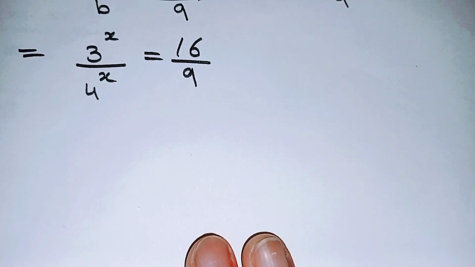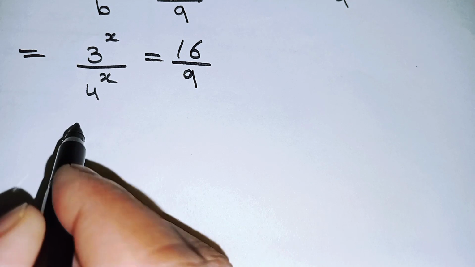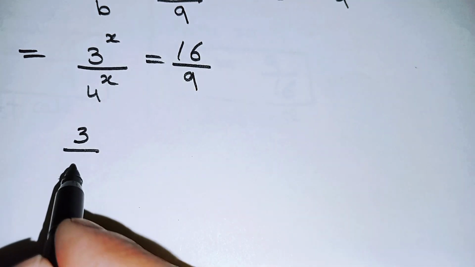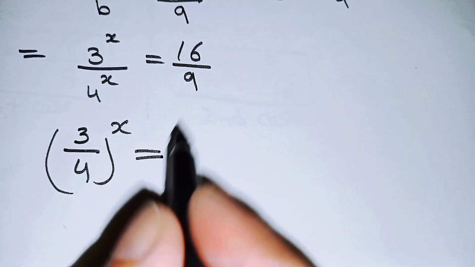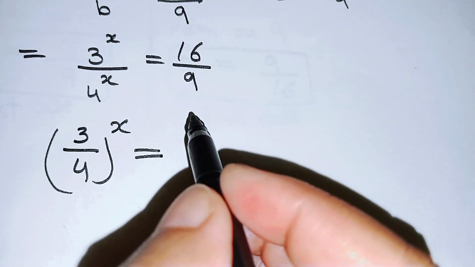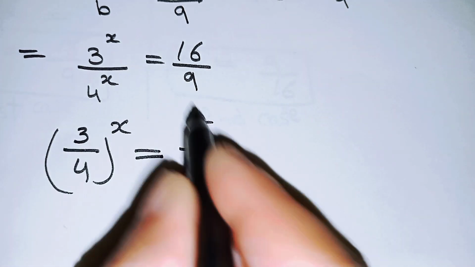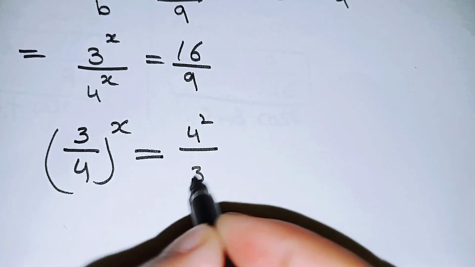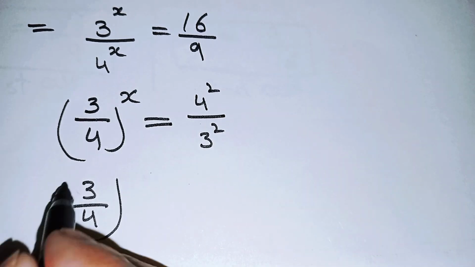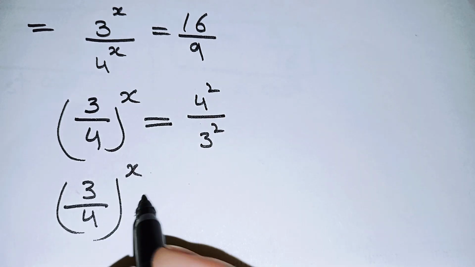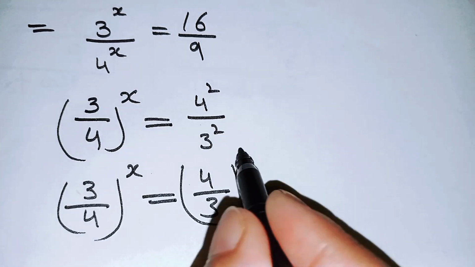And now 3 over 4 and whole the power of this x is equal to this 16 can be written as 4 square over, and this 9 can be written as 3 square, and here 3 over 4 and whole the power of x is equal to this 4 over 3 and whole the power of 2.